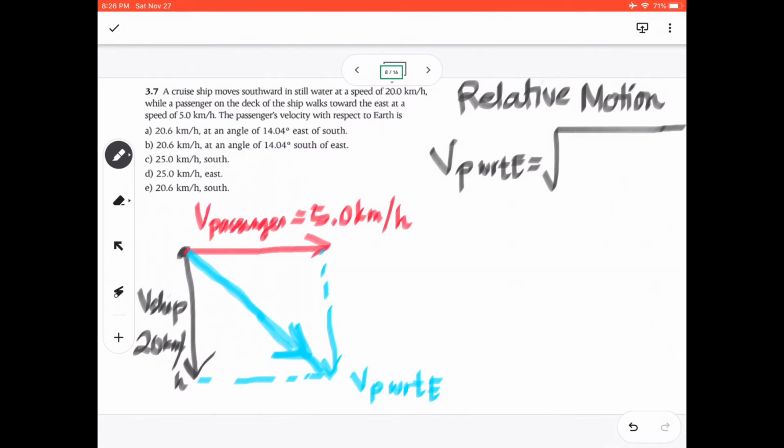if you can identify, V of the ship squared plus V of the passenger squared.